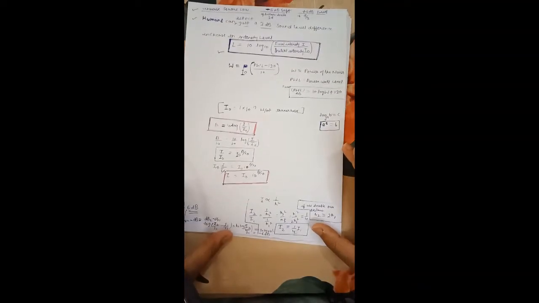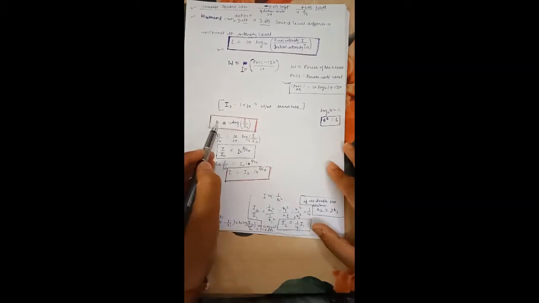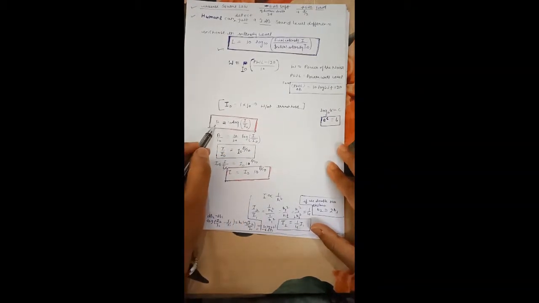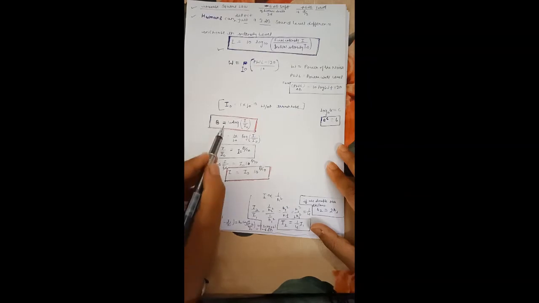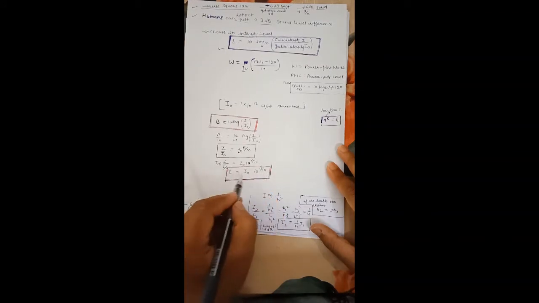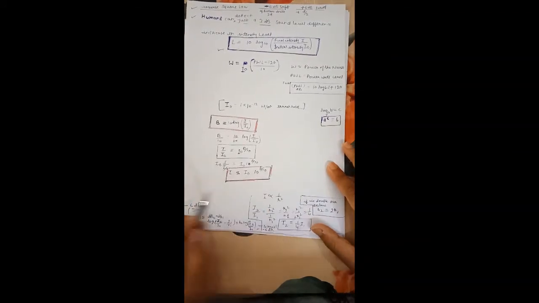Then this is also an important formula. B is equal to 10 log I by I naught. Sometimes we call intensity level B. So by changing the value here, we find this formula: I is equal to I naught 10 to the power B by 10.